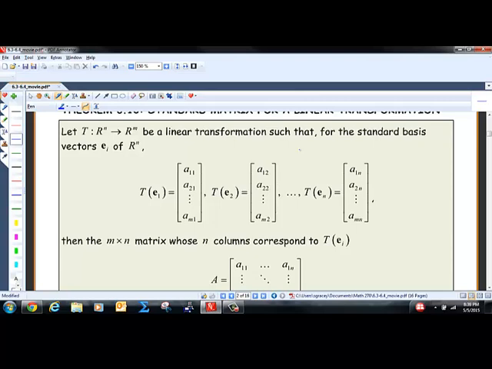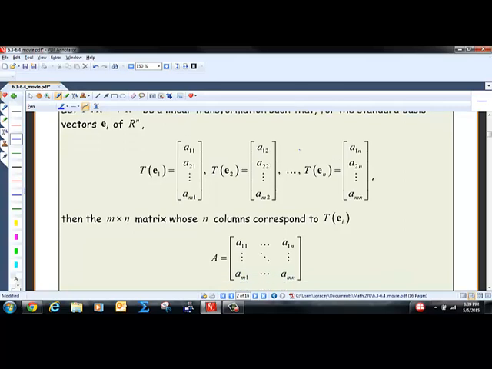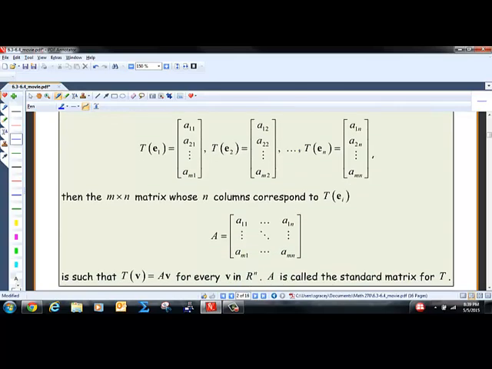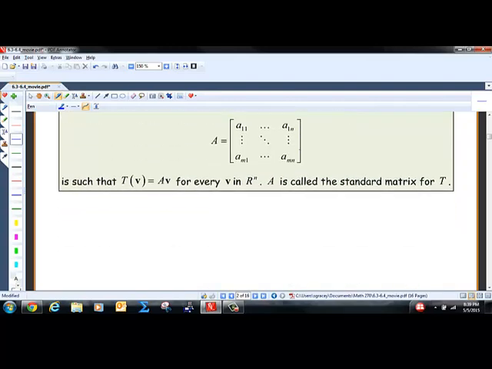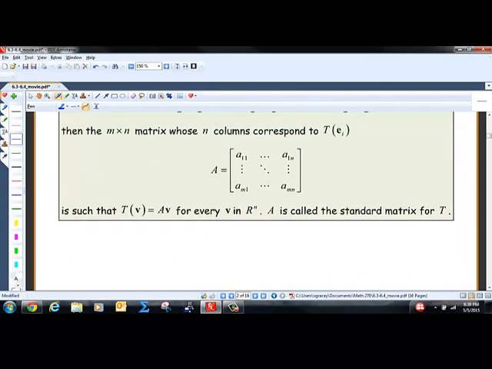Then your m by n matrix, whose n columns correspond to the transformations of the standard basis for Rn, gives you this matrix. T of v is equal to that standard matrix A times v for every vector v in Rn.